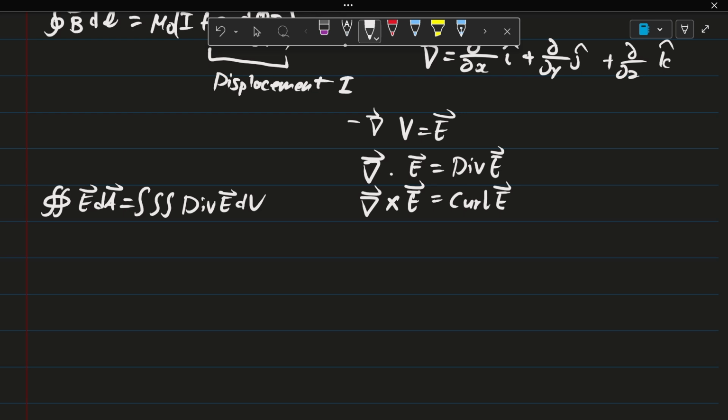And so if you do this for the first Maxwell's equation, or Gauss's law for the electric field, you could just get rid of the dV as well as the integral. What you get is that the divergence of the E vector should be equal to the charge density, sometimes written as rho, over epsilon 0. So this is the first thing that you could get.